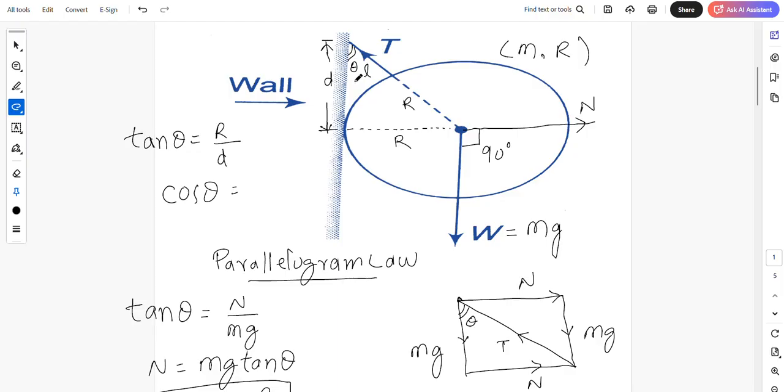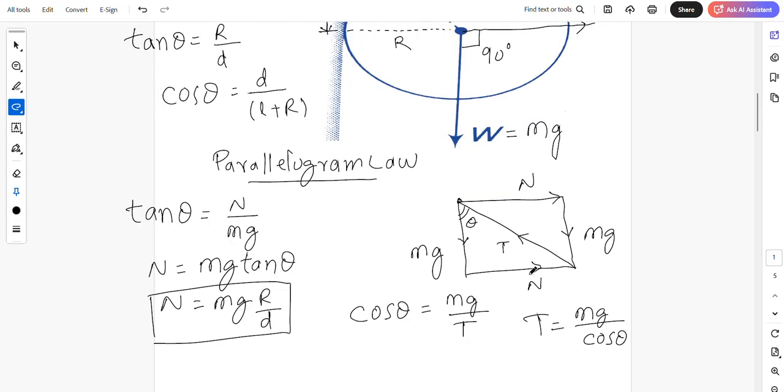Cos theta is equal to adjacent by hypotenuse. Hypotenuse means L plus R, this whole thing. Cos theta is d by L plus R, where L is the length of the string plus the radius.